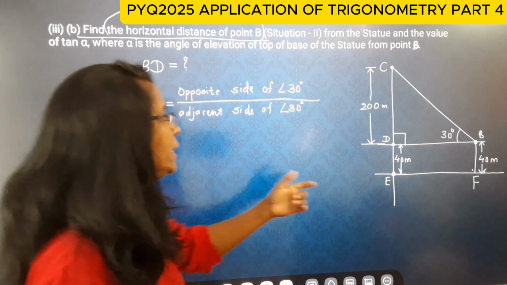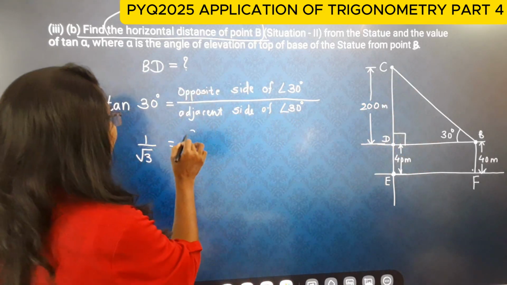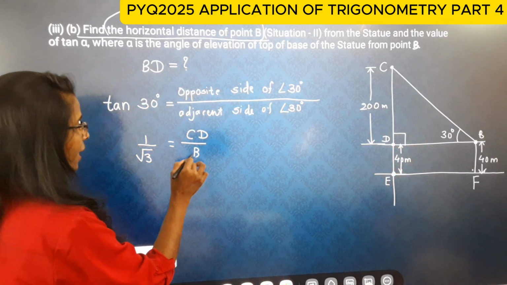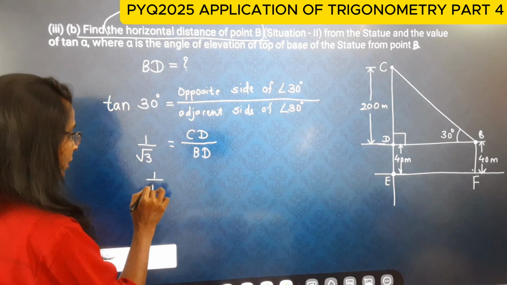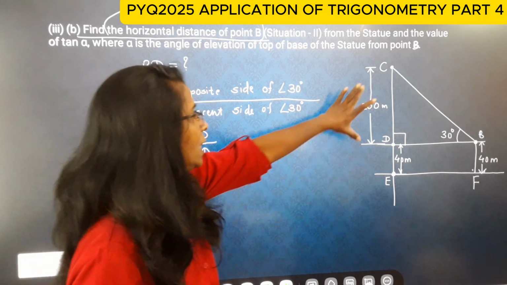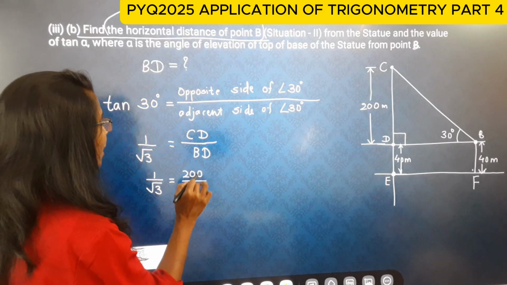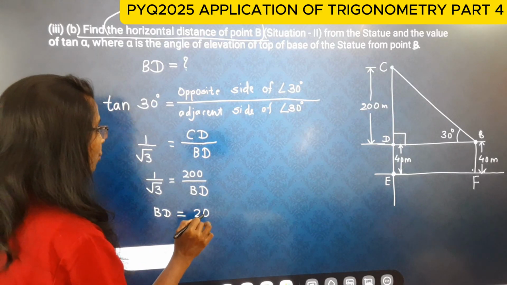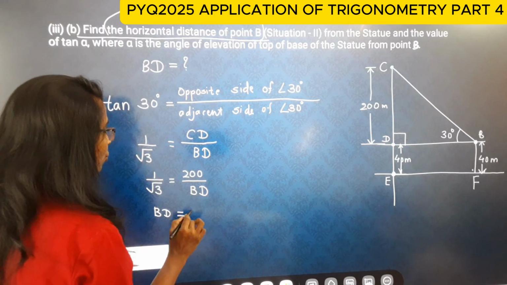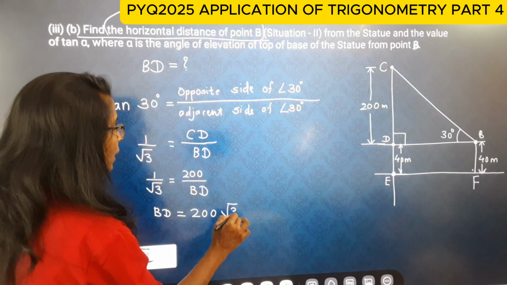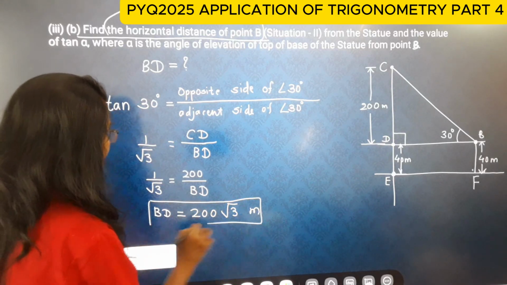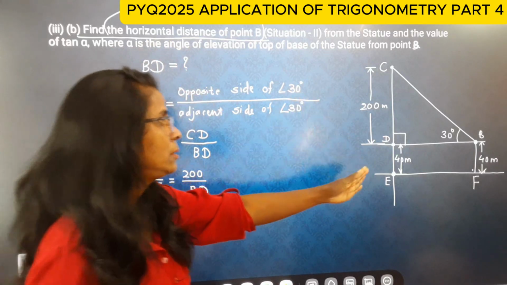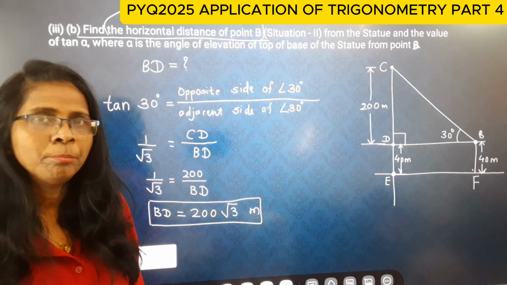The opposite side of angle 30 is the CD, so here I write CD, and the adjacent side is the BD. So 1 upon root 3 is equal to CD, CD is 200, so 200 upon BD. So cross multiply, students: BD is equal to 200 multiply root 3 meter. Okay, so this is the horizontal distance of point B from the statue, 200 root 3 meter.